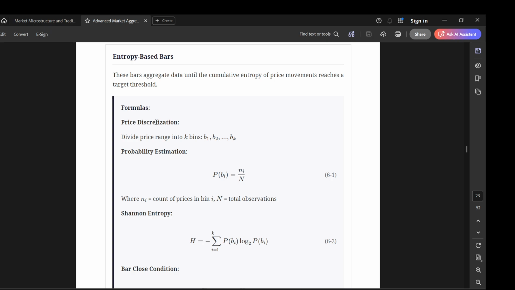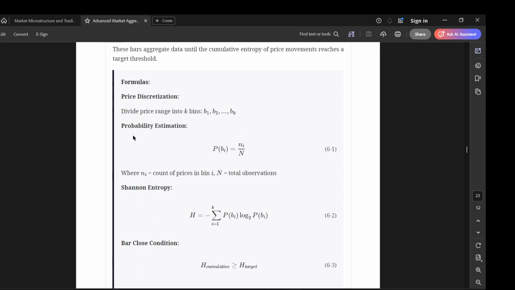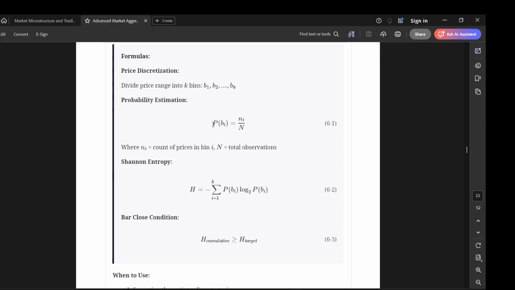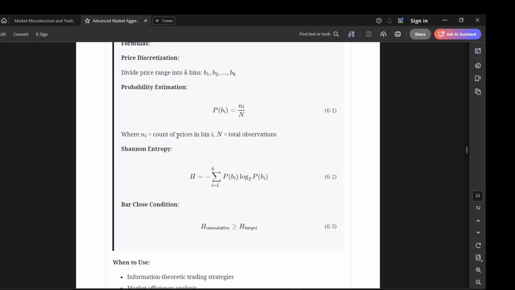Formulas. Price discretization: divide the price range into k bins, b sub 1, b sub 2, up until b sub k. Probability estimation: probability of b sub i equals n sub i over n, where n sub i equals the count of prices in bin i and n equals total observations.